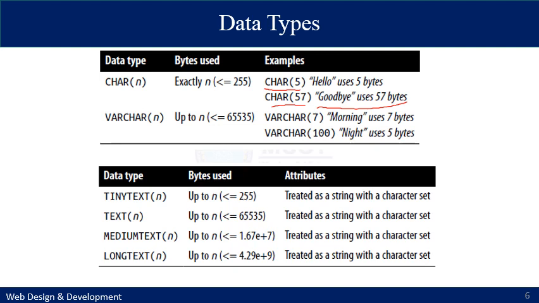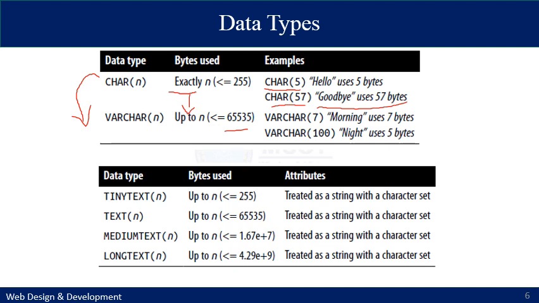In these cases, you can use a better alternative, that is varchar, variable characters, which is not exact but up to n number of characters. That means if you have a small number of characters, the length of your data will be small, and if you have large amounts of characters, up to 65,535, your variable characters will adjust to the number of characters in your input.